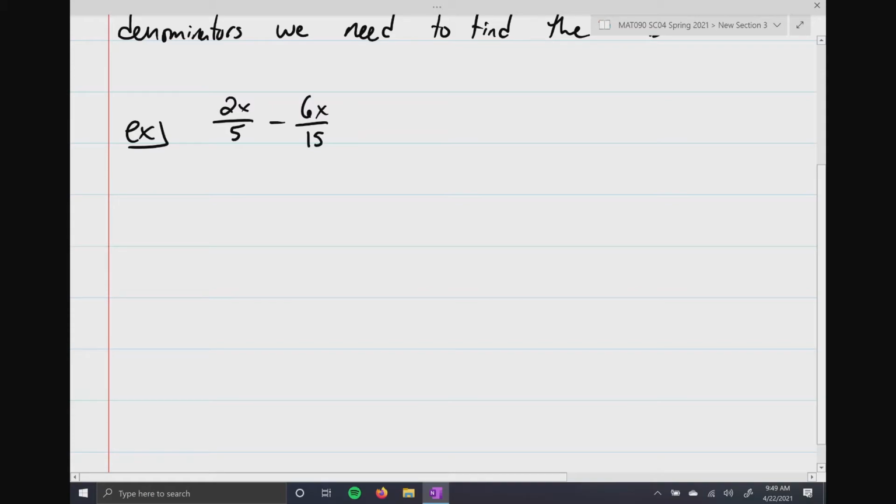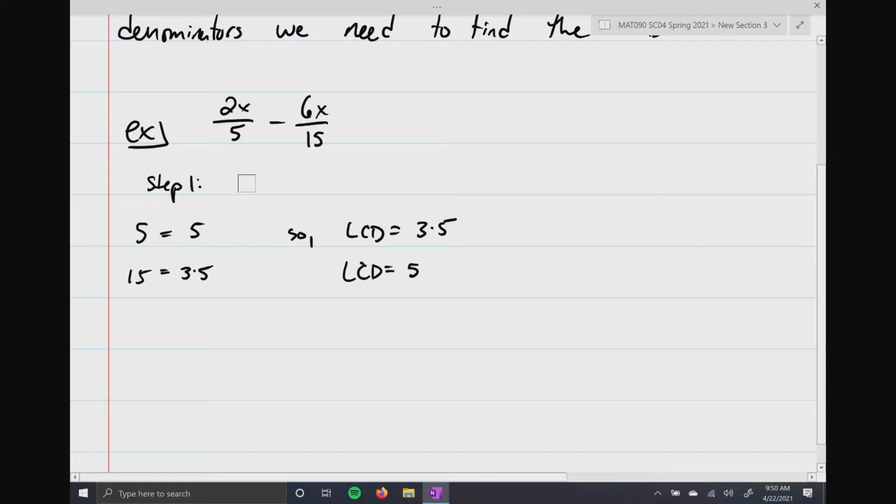So, step 1, let's find this LCD. So 5 is going to equal 5. It's prime. 15 equals 3 times 5. So my LCD is going to be the product of unique factors raised to the highest exponent. So my LCD here is going to be 15.